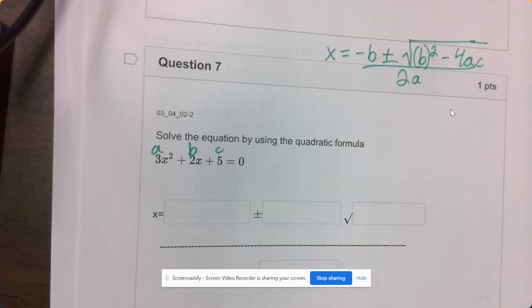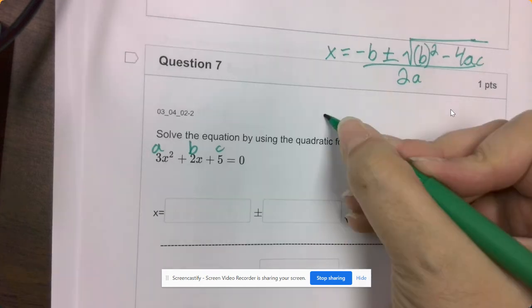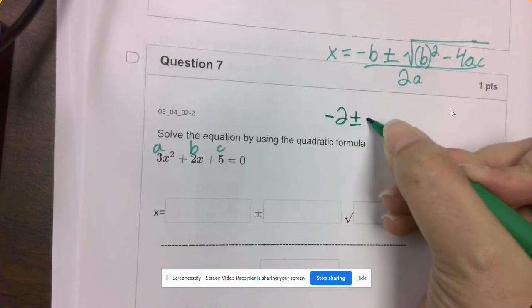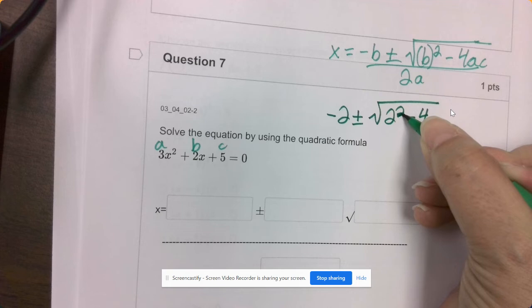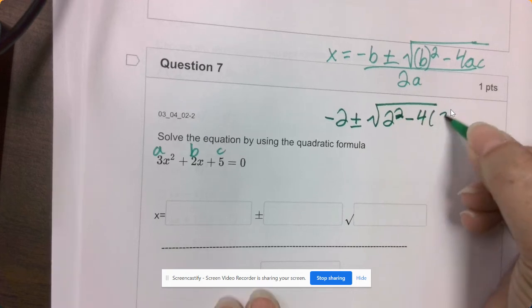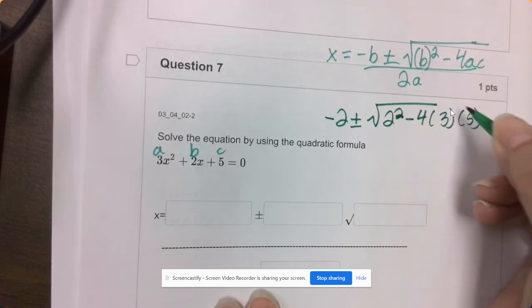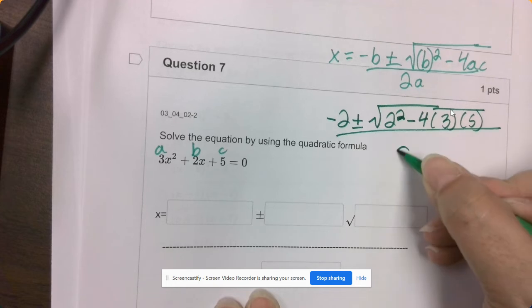Okay, so now we're going to put in this one. We're going to have negative 2 plus or minus square root of 2 squared minus 4 times 3 times 5 all over 2 times 3.